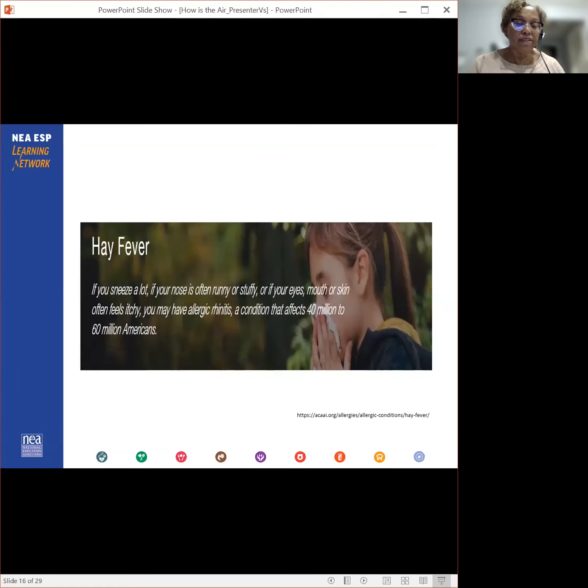Another upper airway condition that is basically treated the same is hay fever. Hay fever is an allergic rhinitis, so it is an allergen-based situation where the body's immune system recognizes an allergen and overreacts to it.